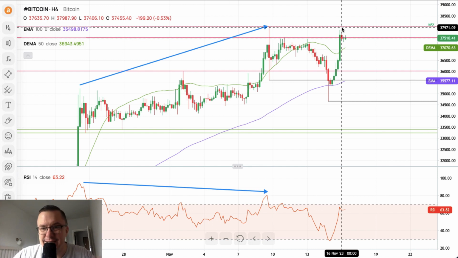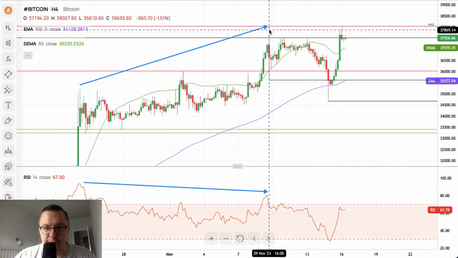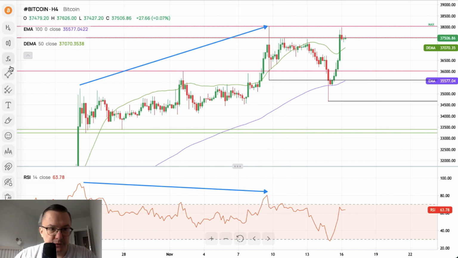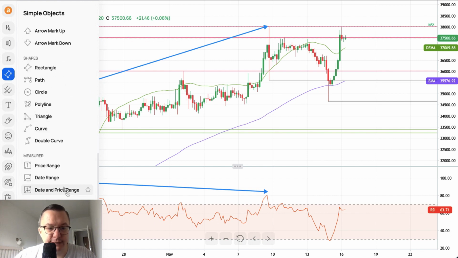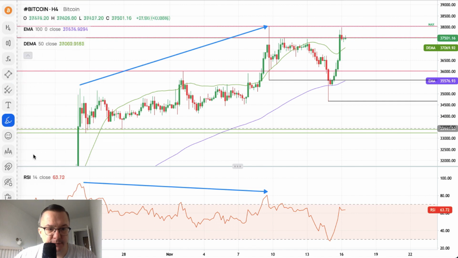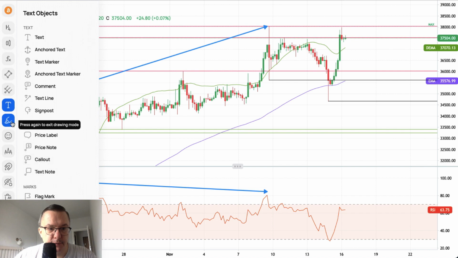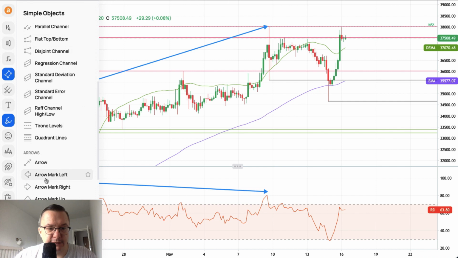So basically, with this kind of a market, we can easily say that at least the last swing high was tested. Okay, so let me just mark it here. Where is my? Yeah, I want the arrow again.